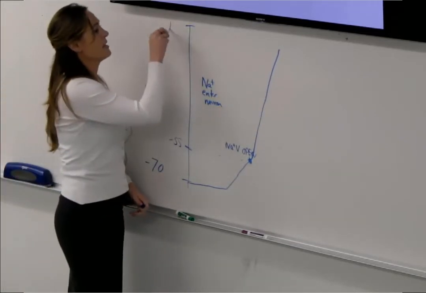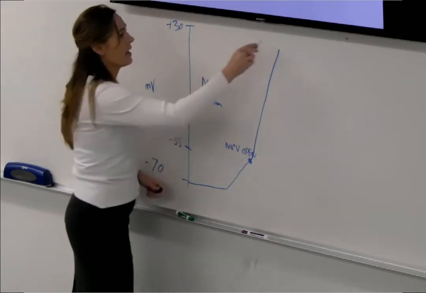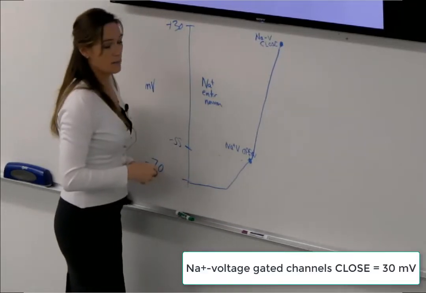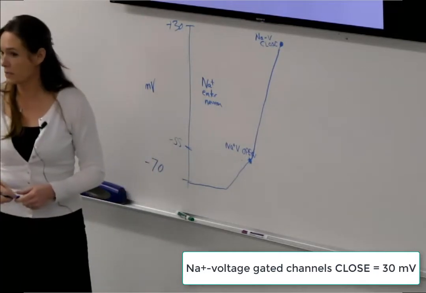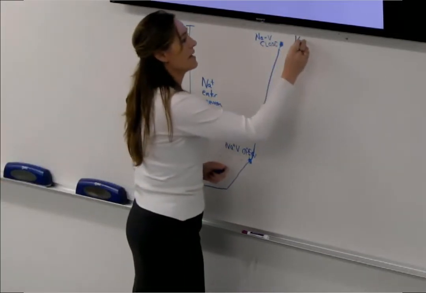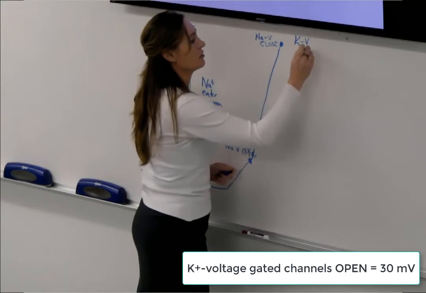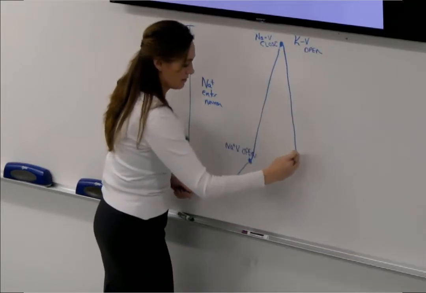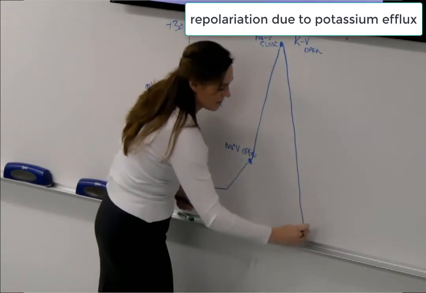We reach the peak, which is plus 30, and those sodium channels close. It's also at the peak that another channel opens. Our potassium voltage gated channels will open, and then it causes our cell to go down and become less positive and more negative.